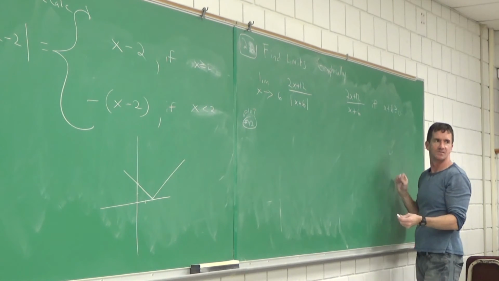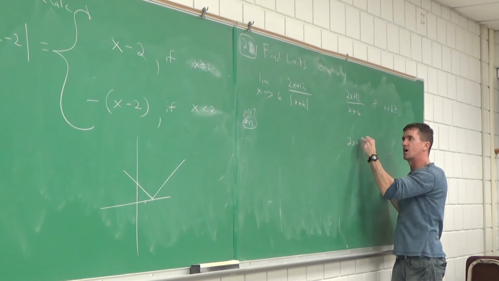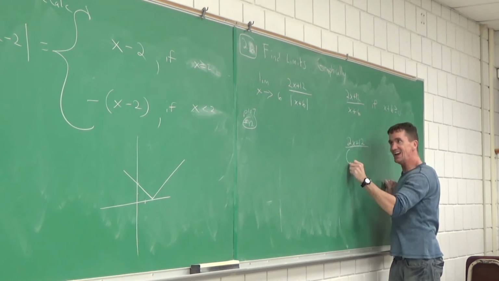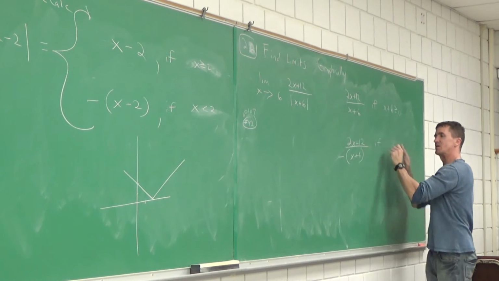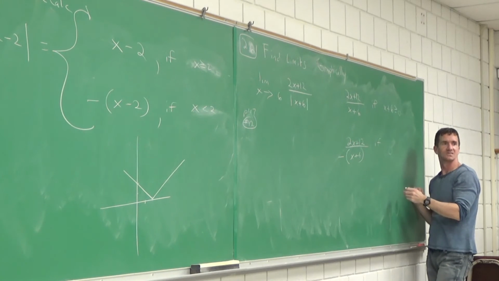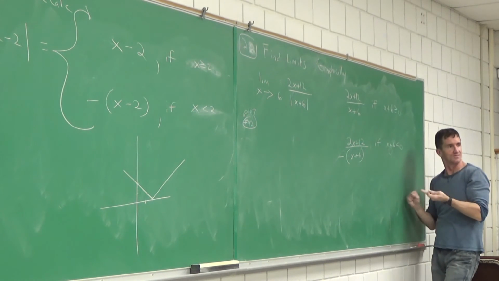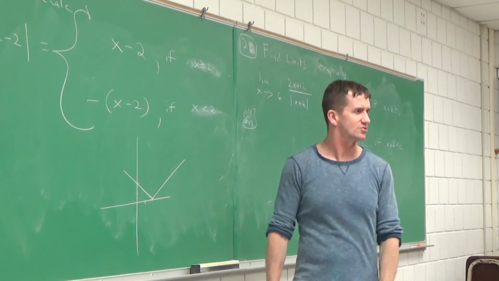What's the other piece though? 2x plus 12 over a negative x plus 6. If, and what goes here? Just look inside the bars. If the x plus 6 is what? Less than 0.